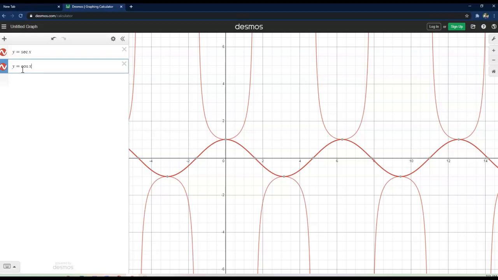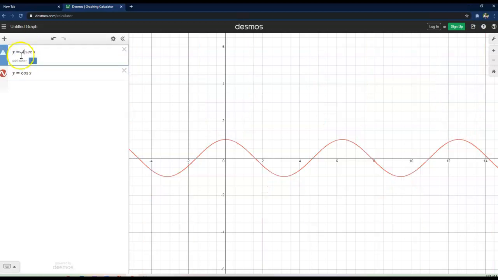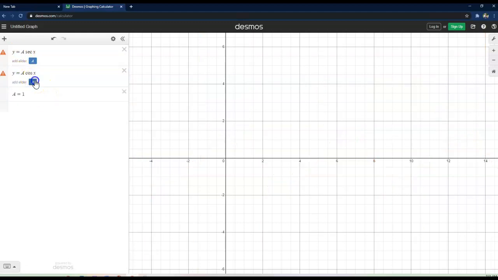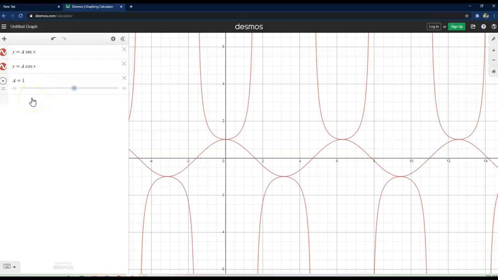Now you guys know, because we talked the other day, that you can put a value in front here. And this value in front deals with the amplitude of the cosine function.